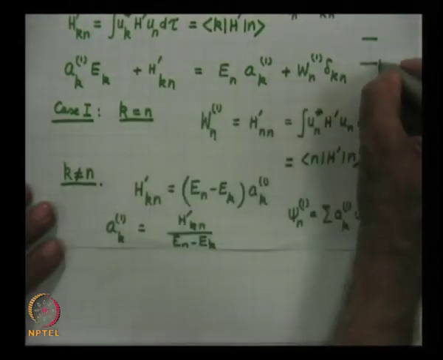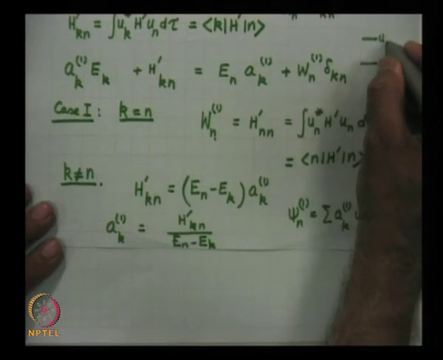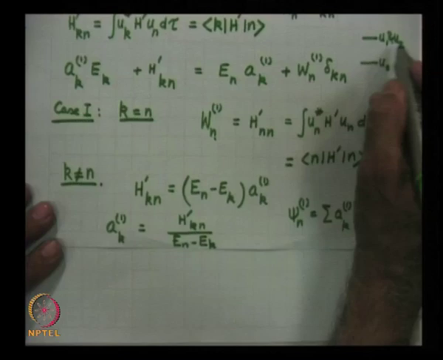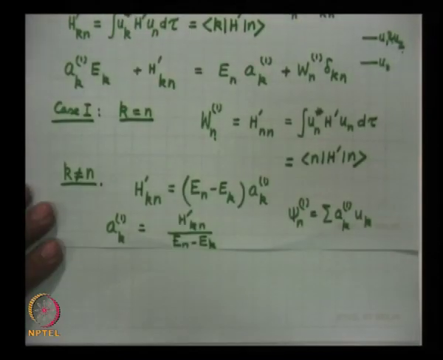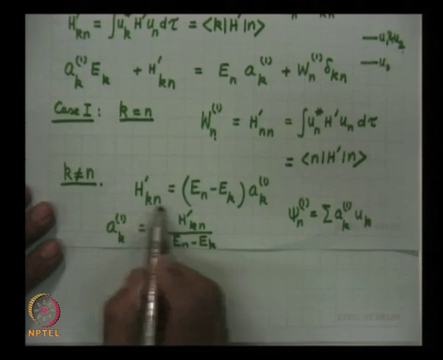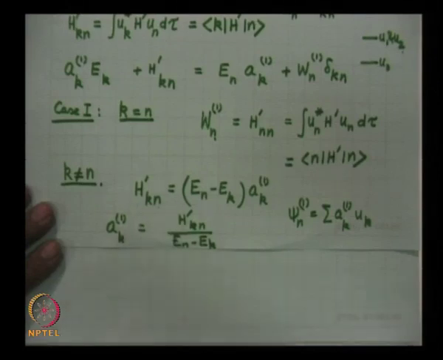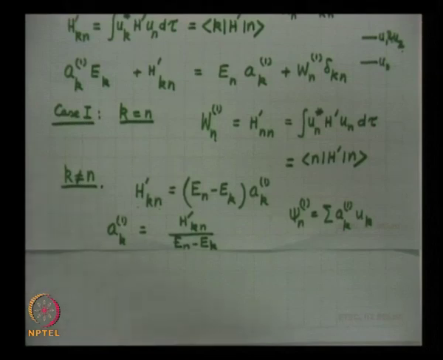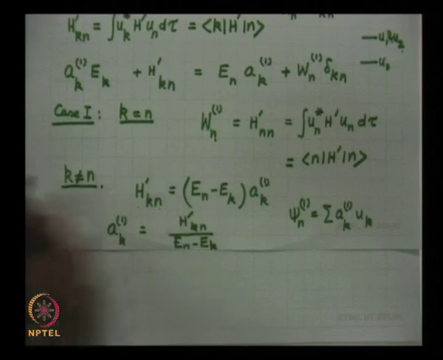So, this is U0, this is U1 and U2. U1 and U2 belong to the same energy state. So, that is a degenerate state. Then this tells us that H prime k n must be 0, and this I will explain in greater detail in my next lecture.